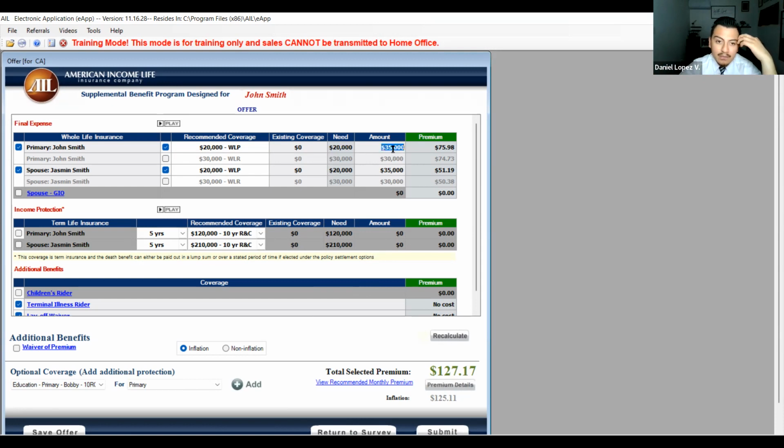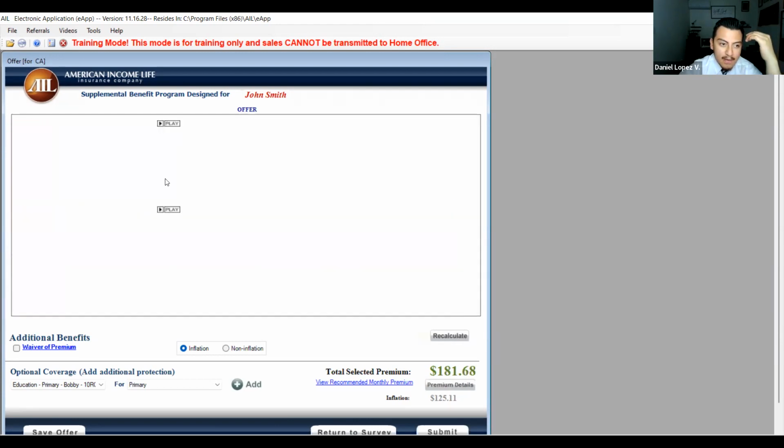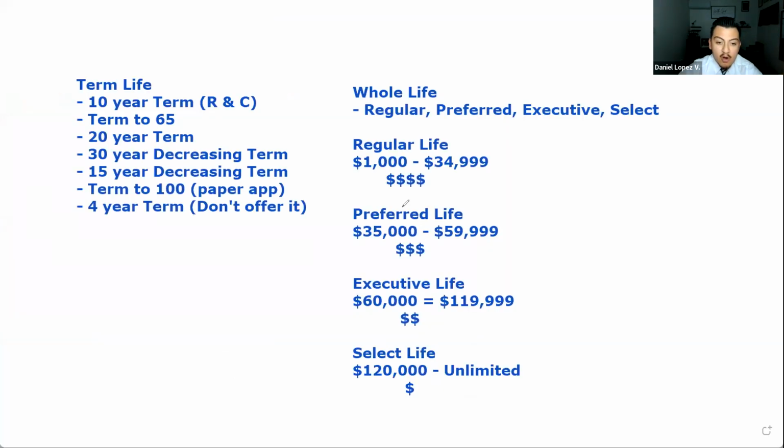And then from there, the next option will be 60,000, and let's do, for example, here 50,000, right? 50,000 altogether costs 181, and 50,000 is under the preferred bracket.